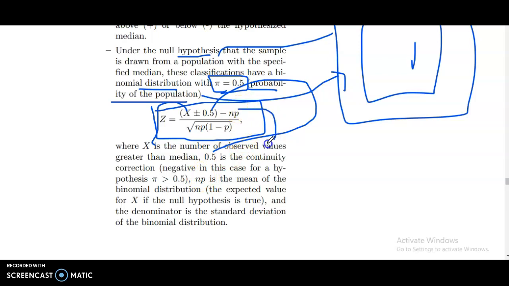np is the mean of the binomial distribution, the expected value for x if the null hypothesis is true, and the denominator is the standard deviation of the binomial distribution.